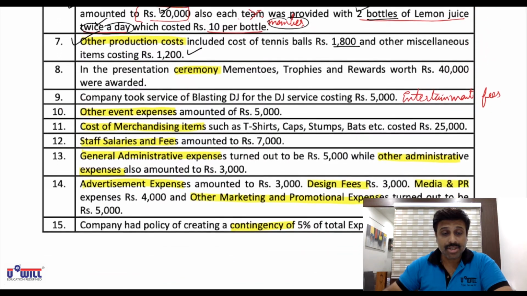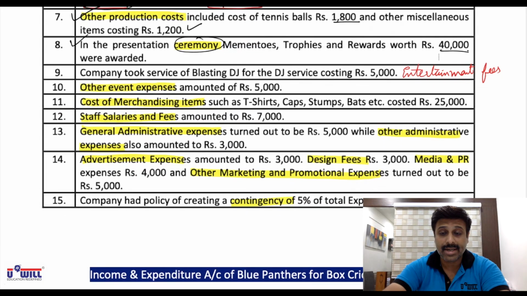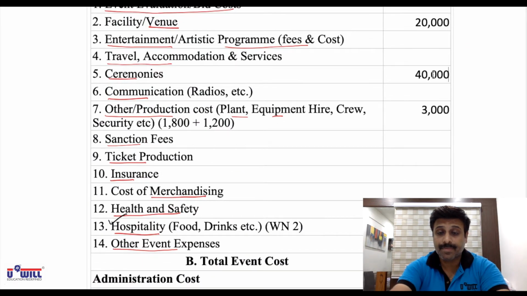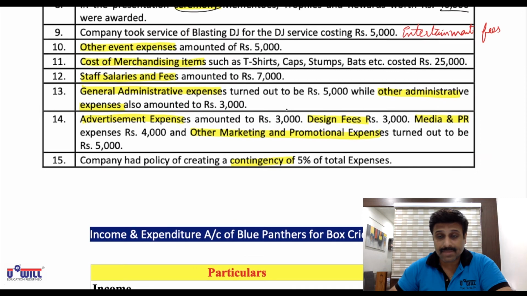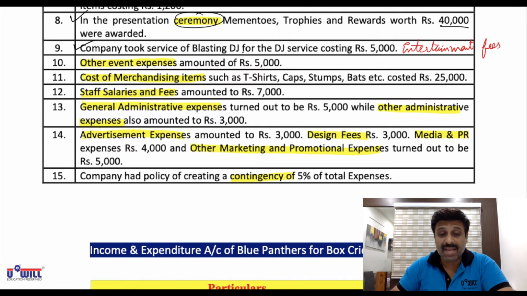Then after other production cost, 8th, ceremonies. In the presentation ceremonies, mementos, trophies and rewards worth rupees 40,000 were awarded. So in ceremonies we can show 40,000. Then after ceremonies, company took services of blasting DJ and for this 5,000 was costed.